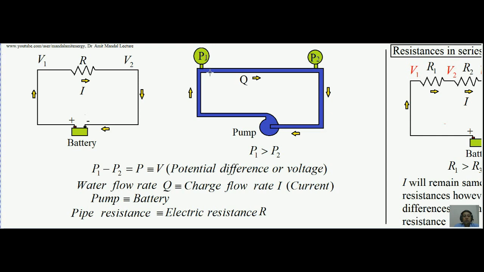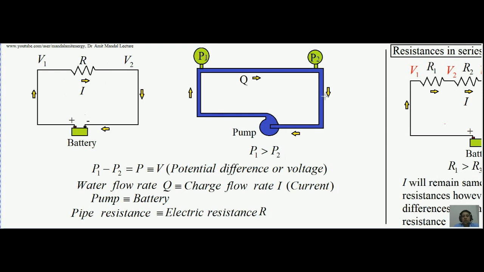Now the resistance offered by the pipe to the flow can be considered as the electrical resistance offered to the charge. The more the pressure difference, the more liquid will flow. Similarly, the more the potential difference, also called the voltage of this battery, the more charge per unit time will flow. That's it.